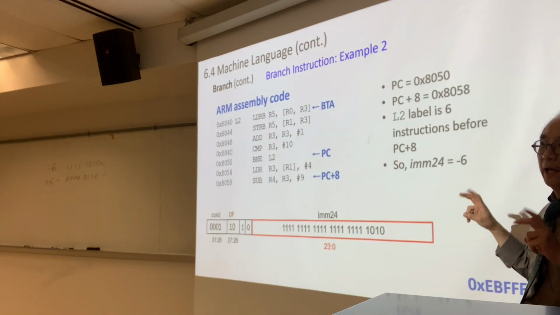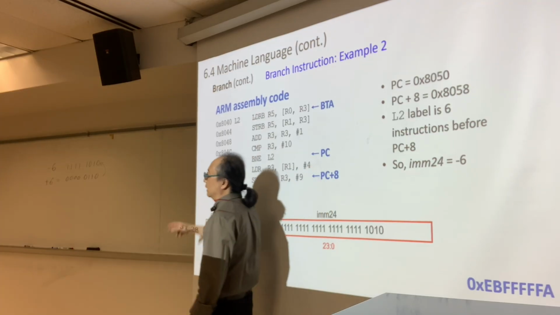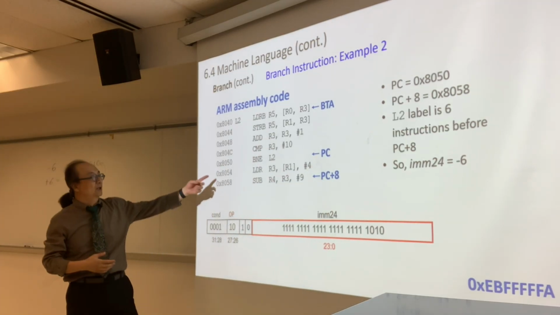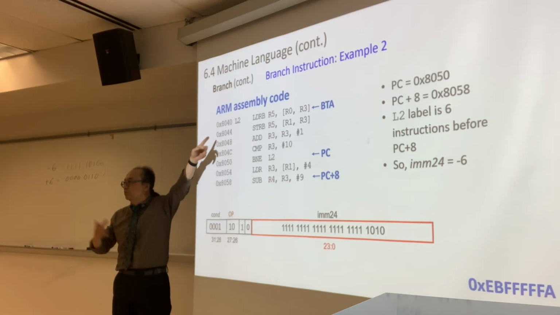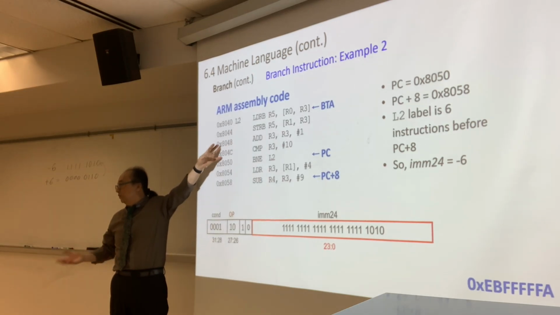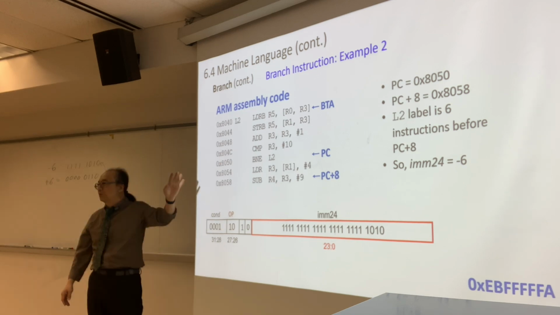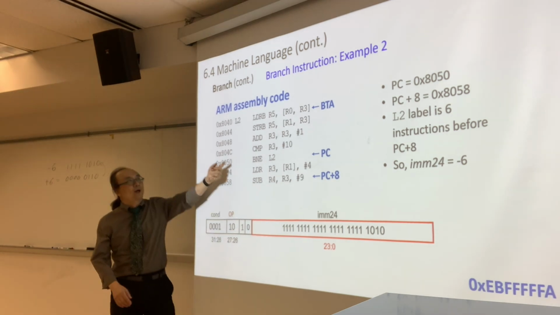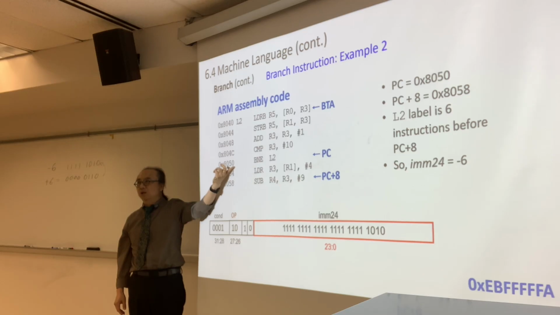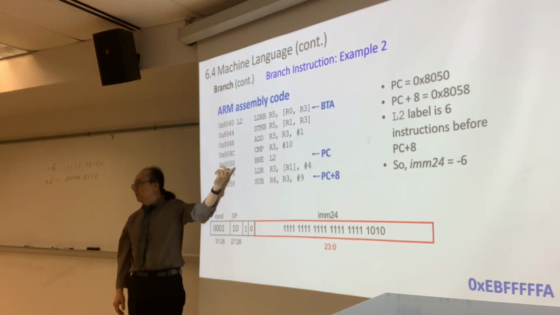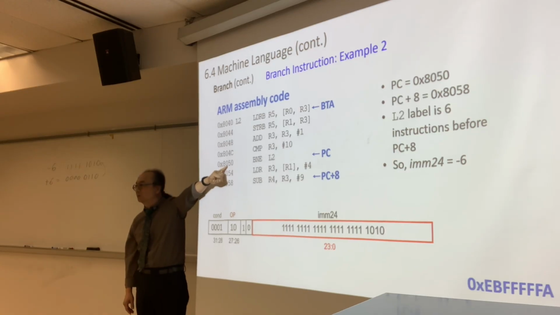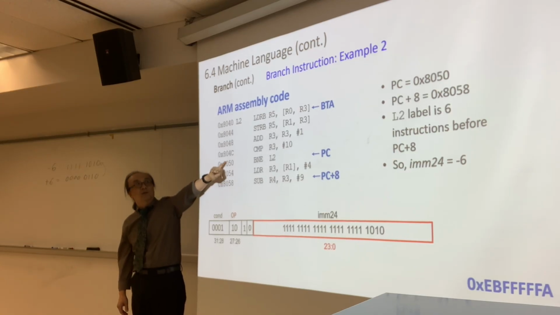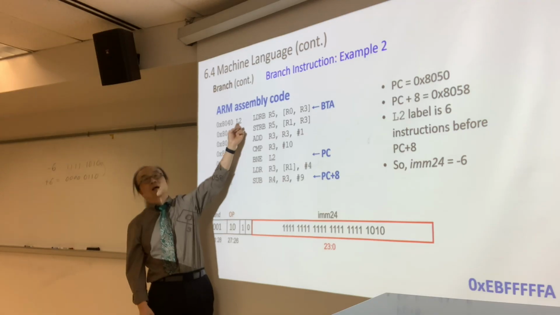So what actually happens is you have to use this value to add or subtract to calculate the location of L2. L2 is 8040. Briefly, we're going to talk about this when we do the pipelining. But behind this logic, we have to use this address of BL to L2, 0x8050. That's not going to change. It's a fixed value. So we use this value to calculate where L2 is.